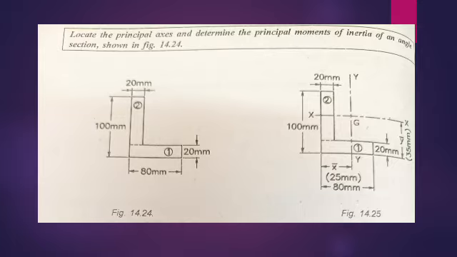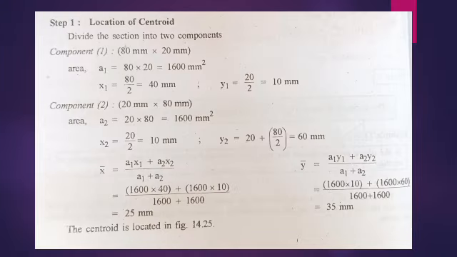Therefore, you have to include the 20 mm also. Therefore, 20 mm plus the formula b by 2, that is the b value 80 divided by 2. Therefore, 20 plus 80 by 2. You have to consider the 20 mm also. The second rectangular portion is 20 mm above the reference line.